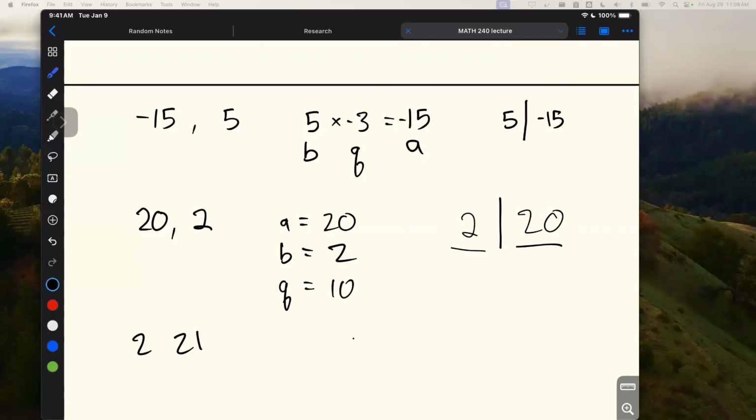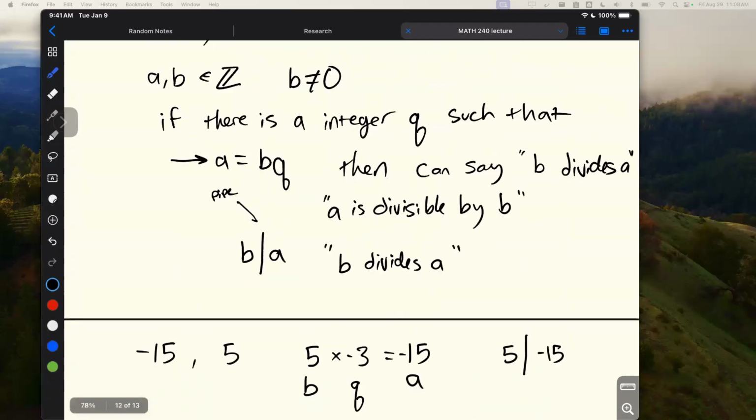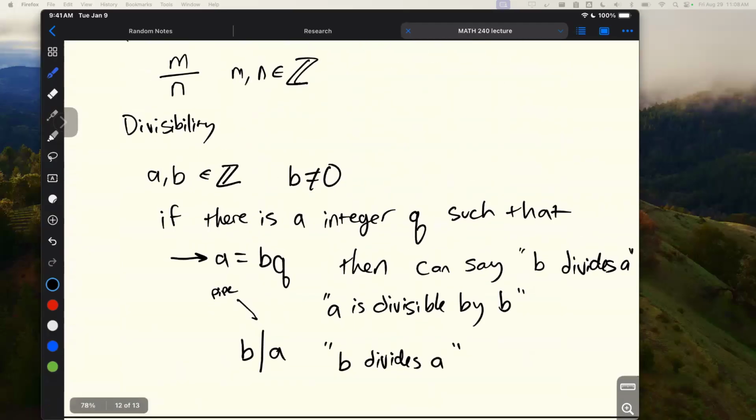In this case, A is 21 and B is 2 and there's some number Q. Can we find some number Q that works for this? This is where our assumptions come into play. Because we've assumed back here that going forward, all of our numbers are going to be integers. So A and B are integers. Q is also an integer.